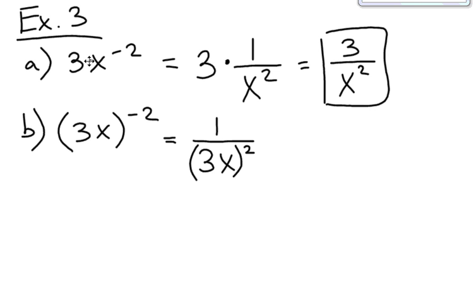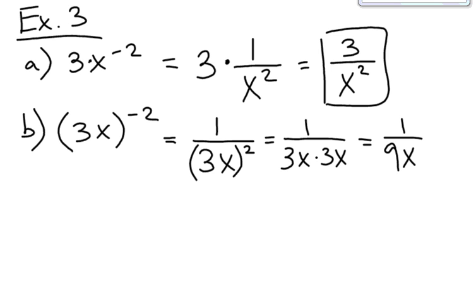So there's that difference between A and B. Make sure you pay attention to that. In A, the exponent does not go with the 3. In B, it does. So now to simplify this, we actually have to figure out what 3x squared is. That's simply 3x times 3x. 3 times 3 is 9. x times x is x squared. So you can see that those two answers are different.